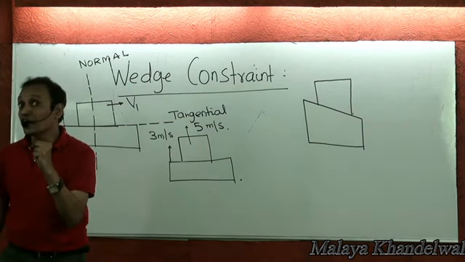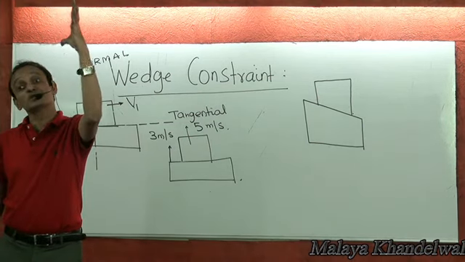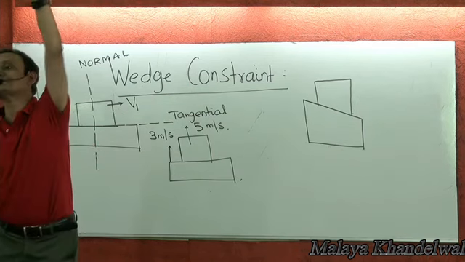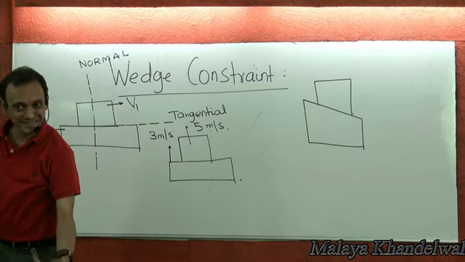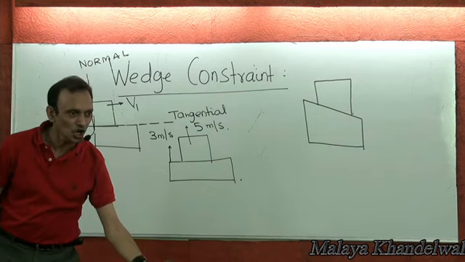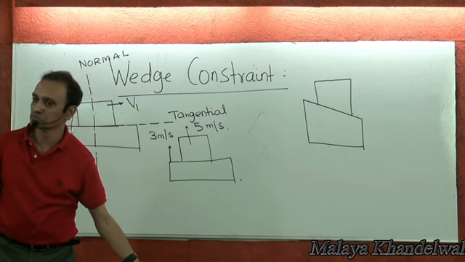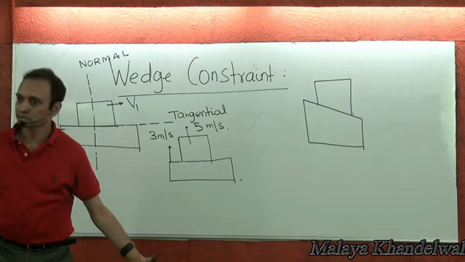That means their relative velocity along the common normal direction must be 0. Their relative acceleration along the common normal direction must be 0 in order that they could maintain contact. Yes or no? You know what I'm saying? Right?